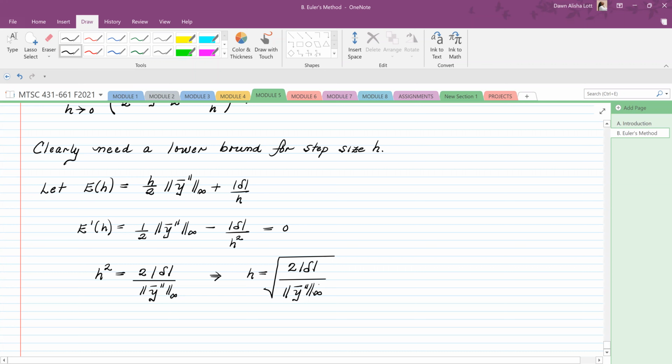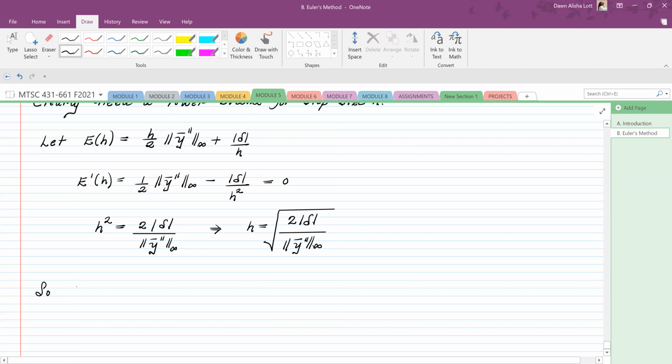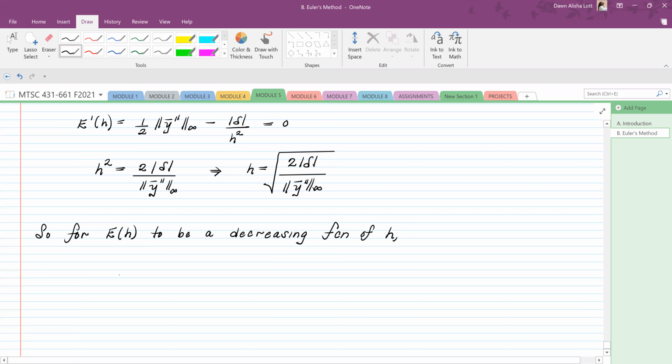All right. So for E of h to be a decreasing function, then h has to be bigger than that thing.